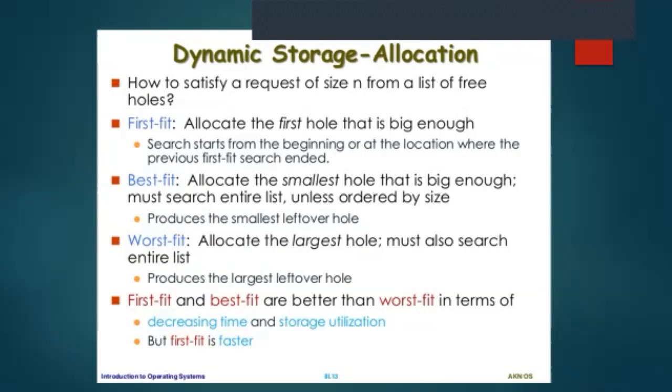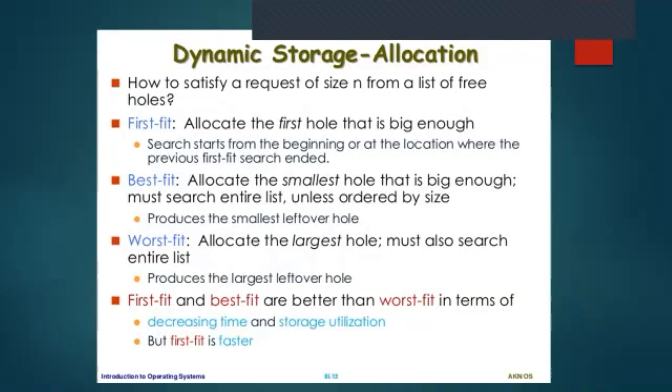As soon as you get a free hole, and if that hole fits the process, then that is allocated. Other things like wastage of memory and partitions are not taken into consideration. So this is first fit. The search starts from the beginning or at the location where the previous first fit search ended.